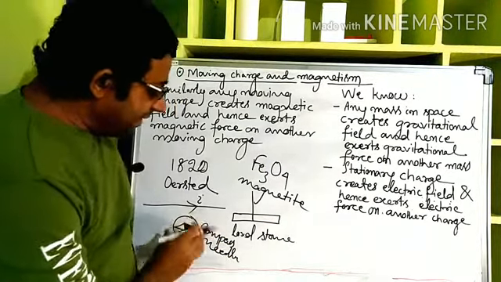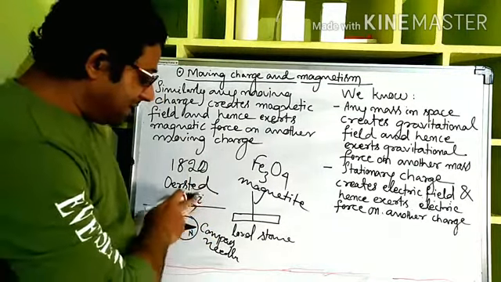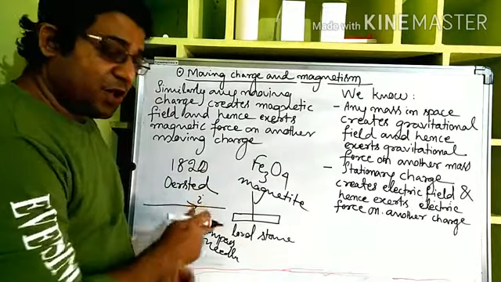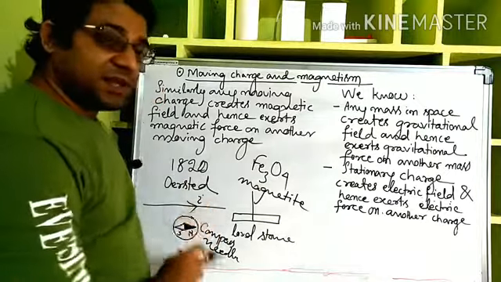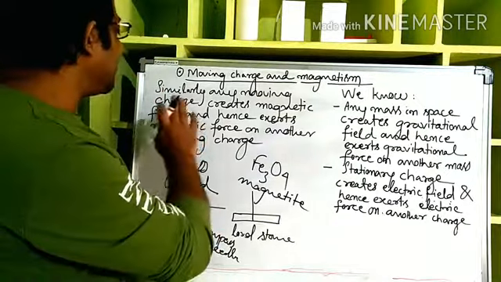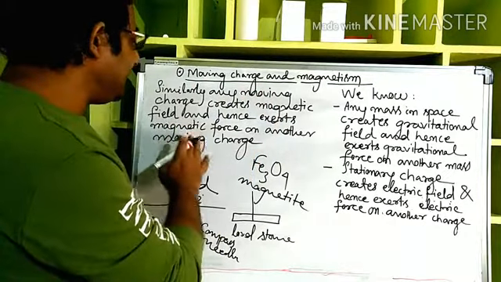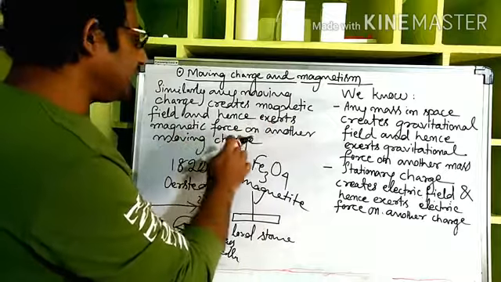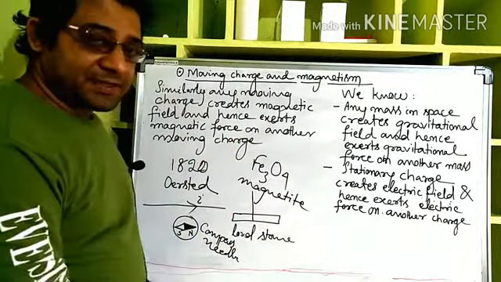Since a magnet is being affected, this current must be creating a magnetic field, and that magnetic field created by the current interacts with the magnetic field of this needle, and that's why the force is exerted. That's why we can say that any moving charge creates a magnetic field and hence exerts magnetic force on another moving charge or another magnet or another piece of a magnet.